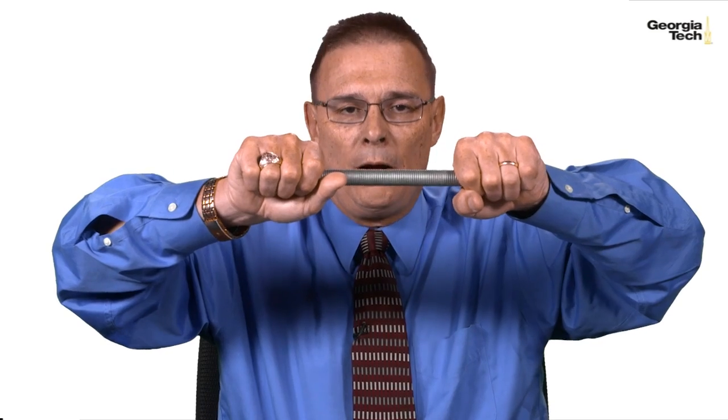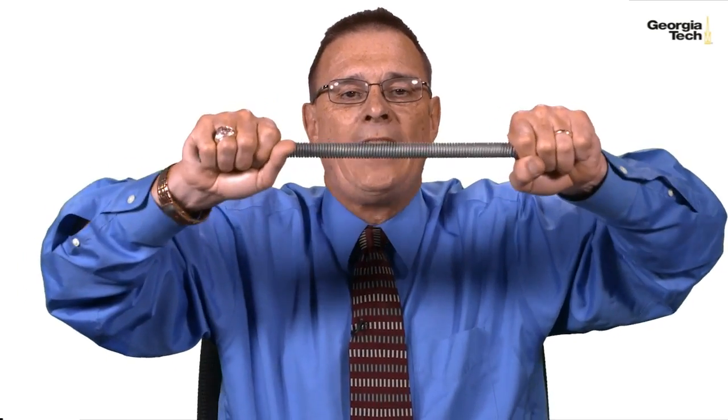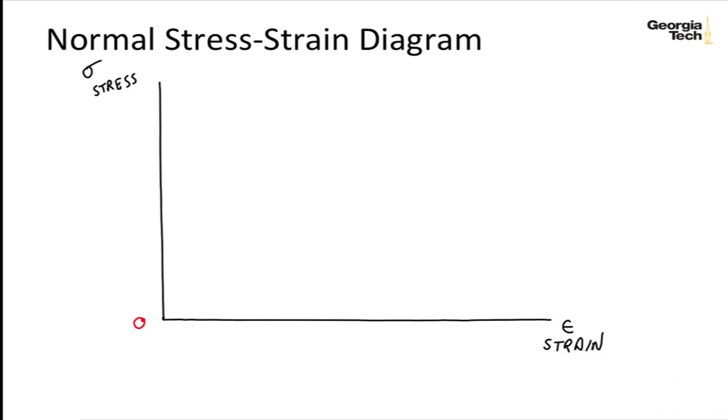There's a range in the spring where if I load it, it snaps back. It's the elastic range, okay? So I put a load on, it stretches, and then it goes back. And we call this the linear elastic range because there's a direct proportionality between stress and strain. So this is called the linear elastic region, and it's directly proportional.